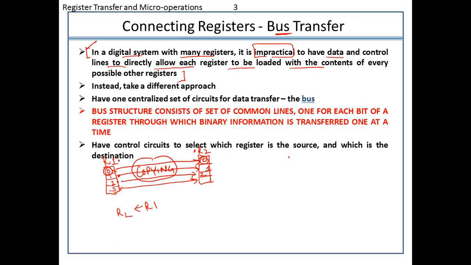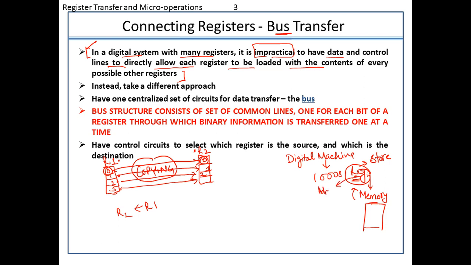Now think of a scenario within a digital machine. In a computer system, we have thousands of registers available, because these are the registers responsible for storing the data. If I take a very simple example, memory, the data is stored in the form of registers in the memory. In the memory, not only is the data present, the registers are also responsible for storing the address of the data.